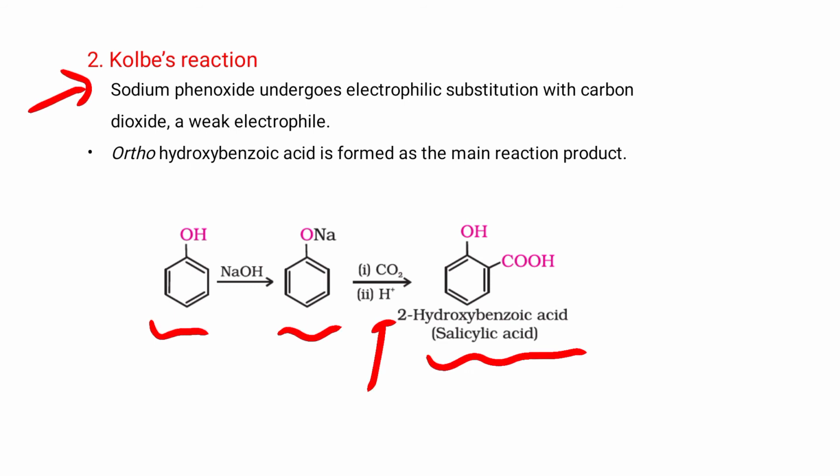Okay, so this is salicylic acid: on benzene ring 1 OH and at second position COOH group. So its name is 2-hydroxybenzoic acid and common name is salicylic acid. So it is also an important compound. Sometimes the question comes: convert phenol into salicylic acid, or how we will get salicylic acid from phenol. Such type of questions comes.